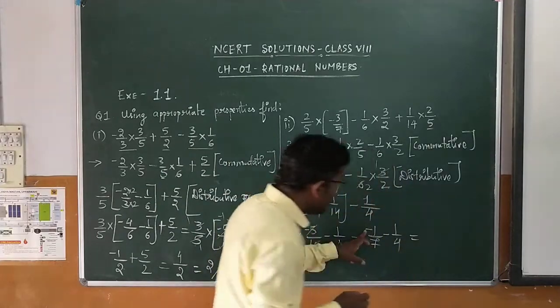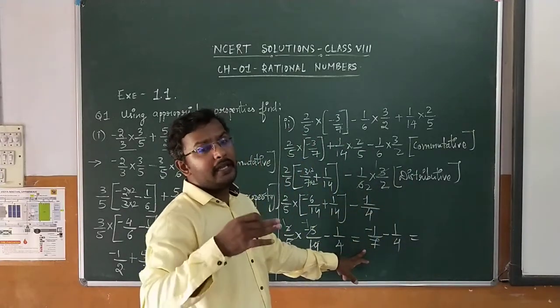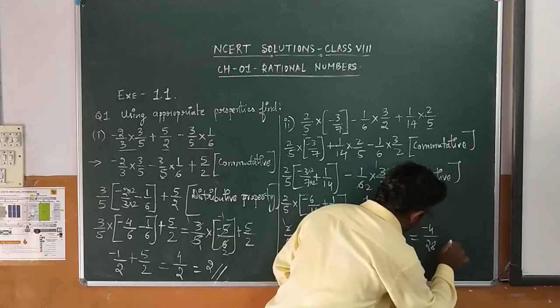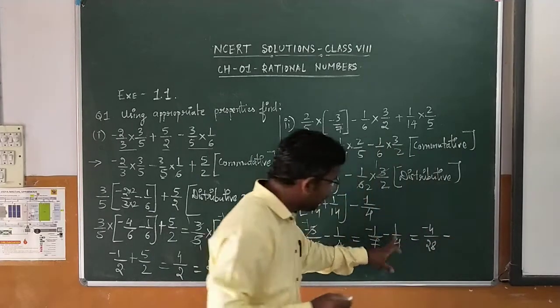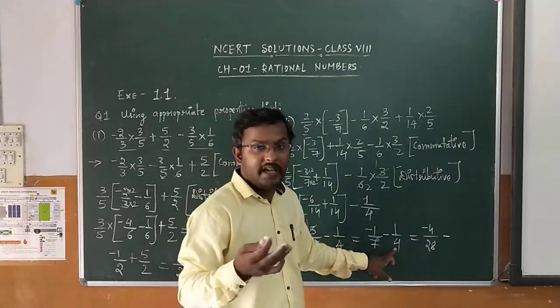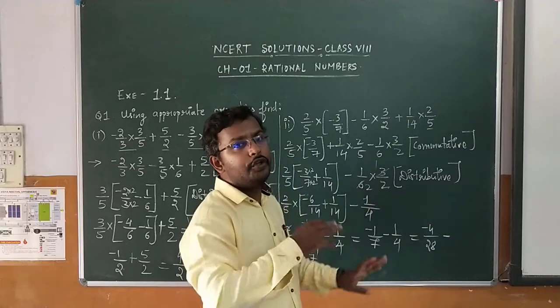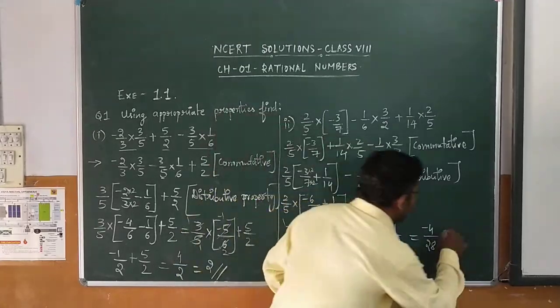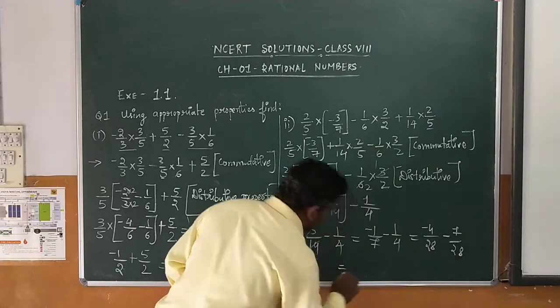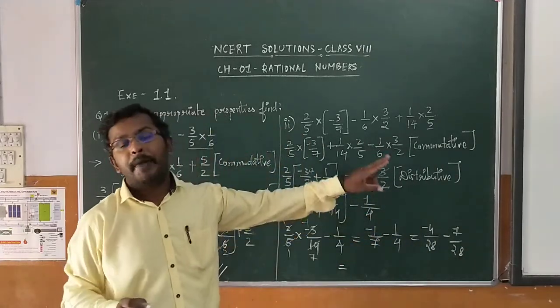So when you multiply minus 1 by 7 by 4, what will you get? Minus 4 by 28, minus, here 1 by 4 is there, so in order to make the denominator 28, you have to multiply by 7. If you multiply both numerator and denominator by 7, you will get 7 by 28. Okay, so now minus 4 minus 7.